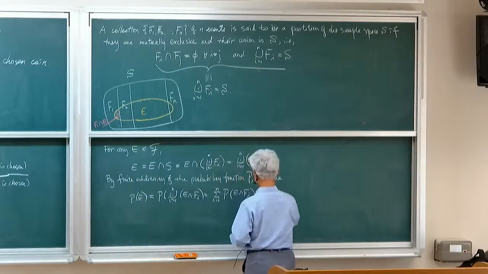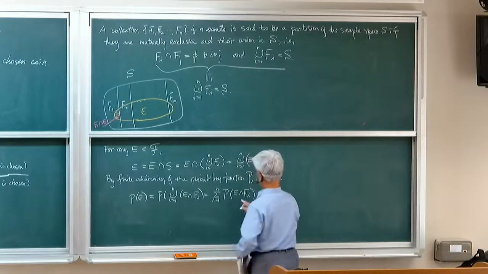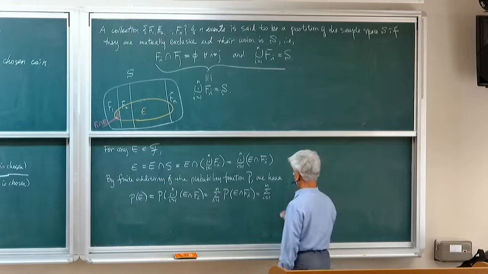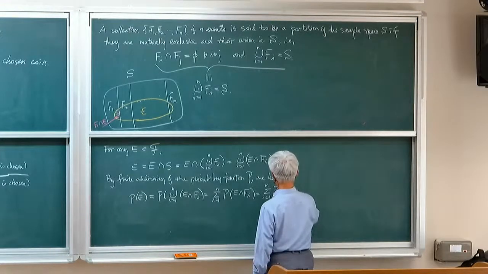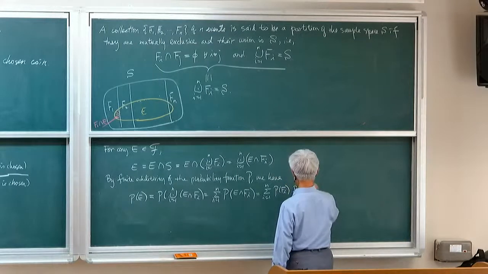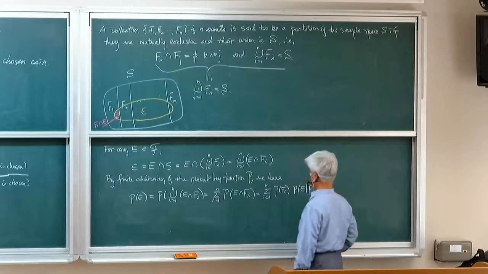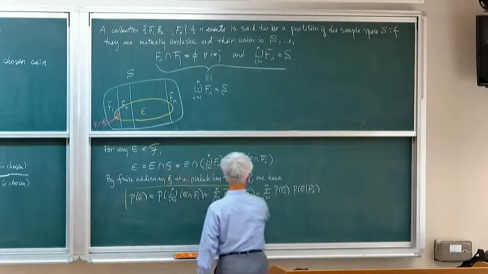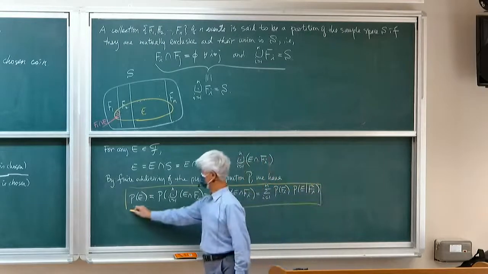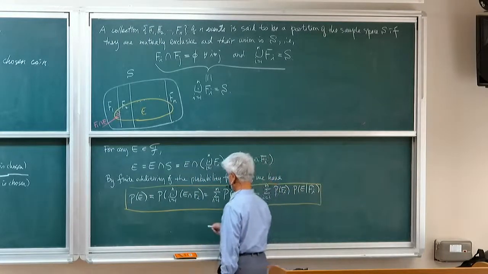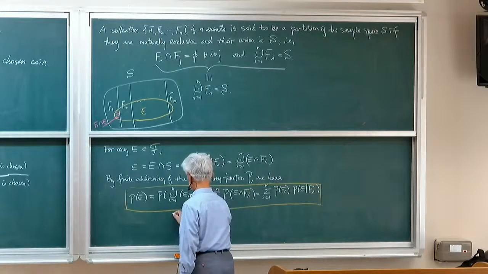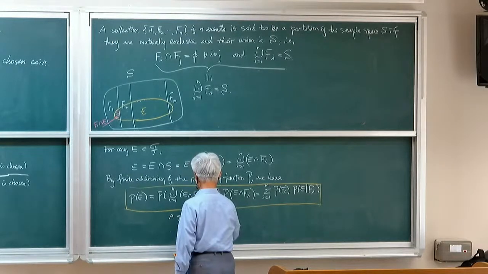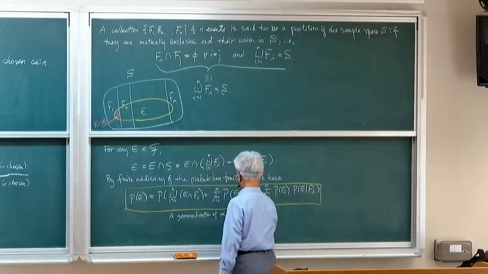And then finally, by conditional probability, that is the probability of Fi times the conditional probability of E given Fi. Again, this is a generalization of the decomposition formula.